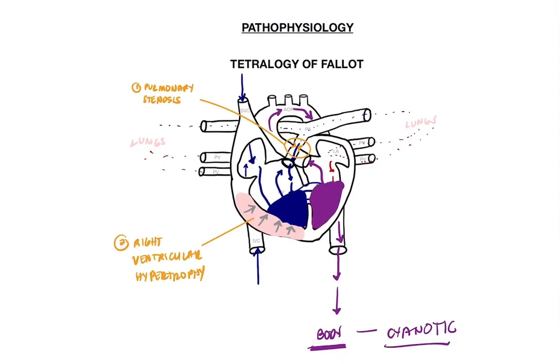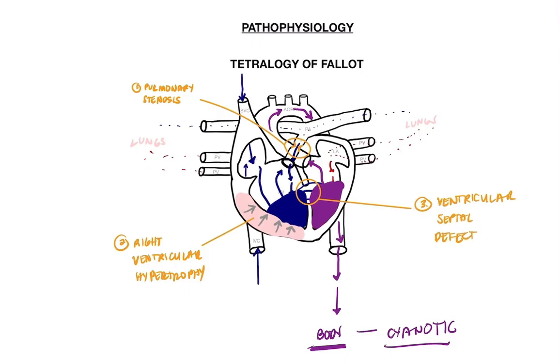So this again is our first problem, pulmonary stenosis. Our second problem over here, the right ventricular hypertrophy. Our third problem is this one, the ventricular septal defect.